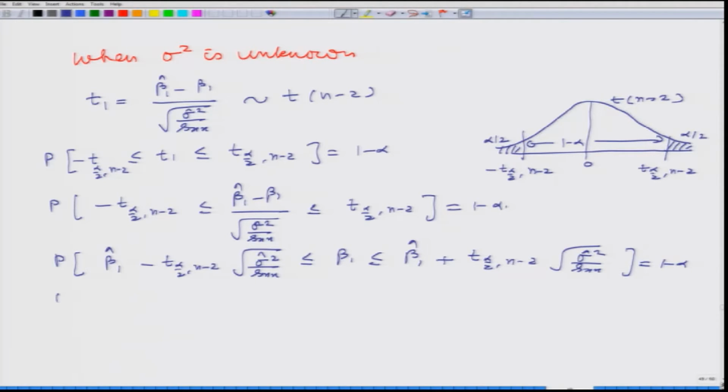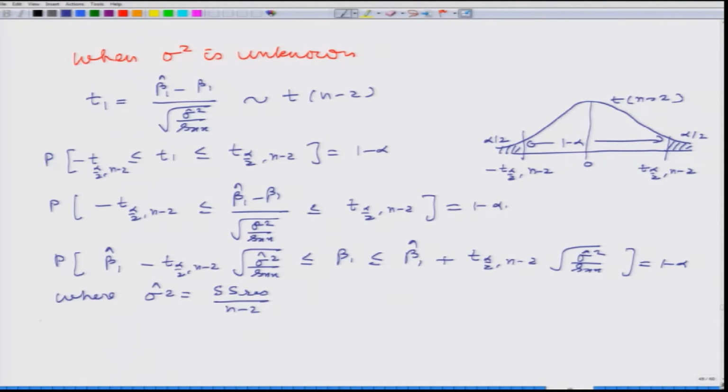Here we are going to obtain the value of sigma square hat as the sum of squares due to residuals divided by degrees of freedom, where the sum of squares due to residuals is obtained based on the fitted model using the ordinary least squares estimation or maximum likelihood estimation.